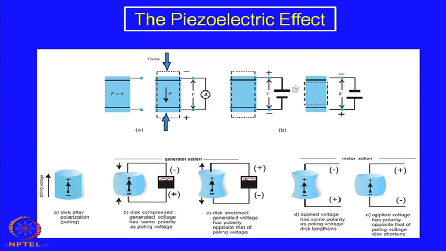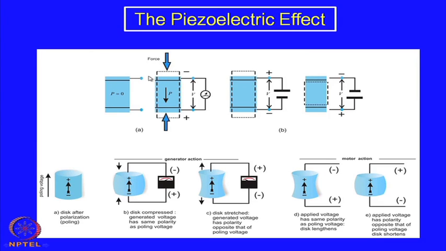So, there are two different processes, one the reverse of the other. This is what we call the direct piezoelectric effect, and this is what we call the converse piezoelectric effect, the reverse of the direct effect.